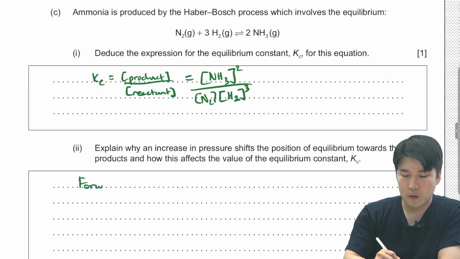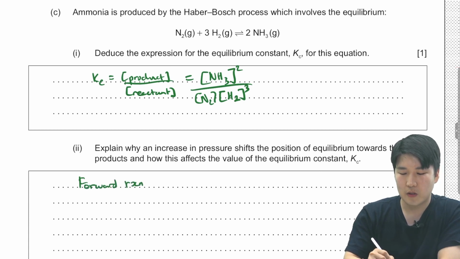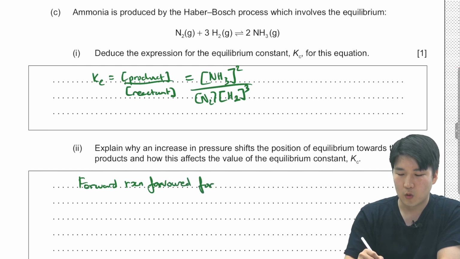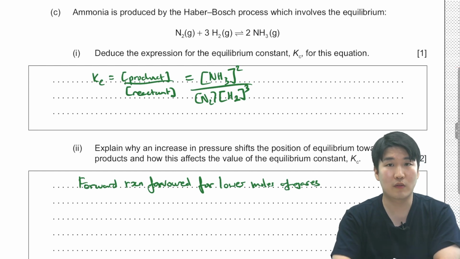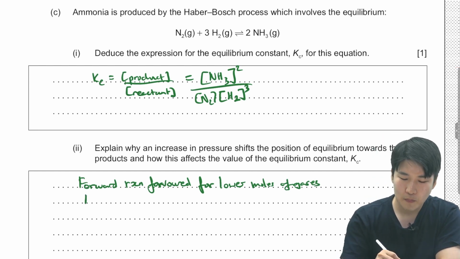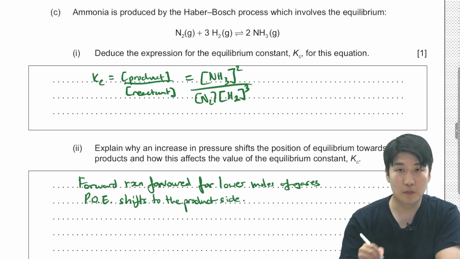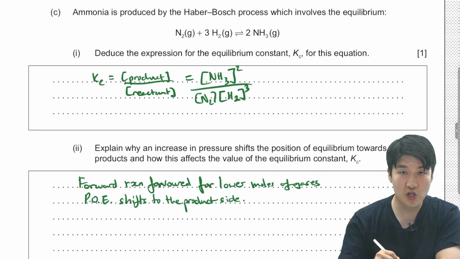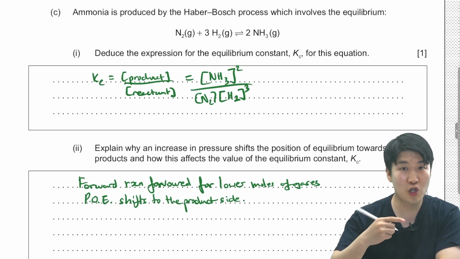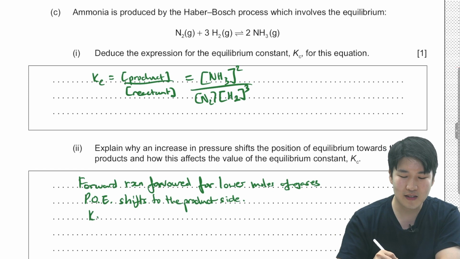Forward reaction favored for lower moles of gas. Lower moles of gases. POE shifts to the product side, meaning concentration of products increase, concentration of reactants decrease, Kc value.